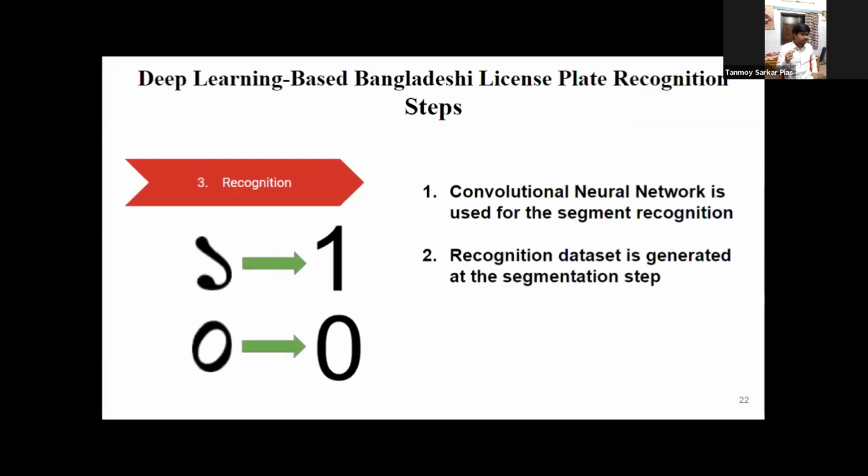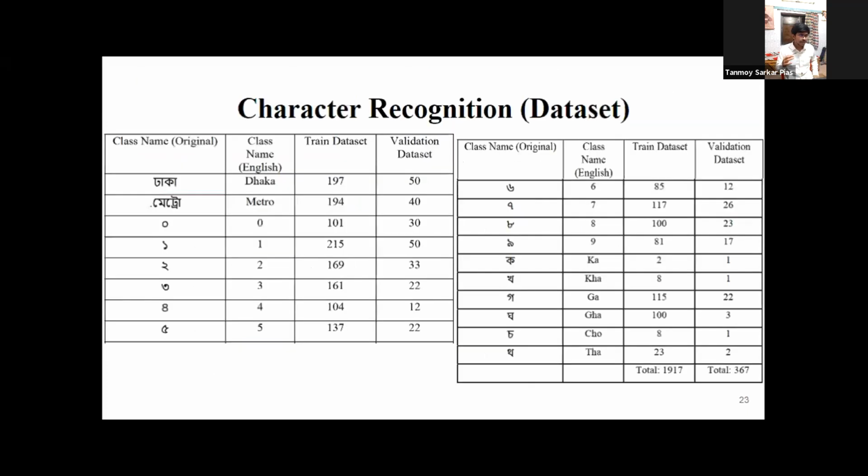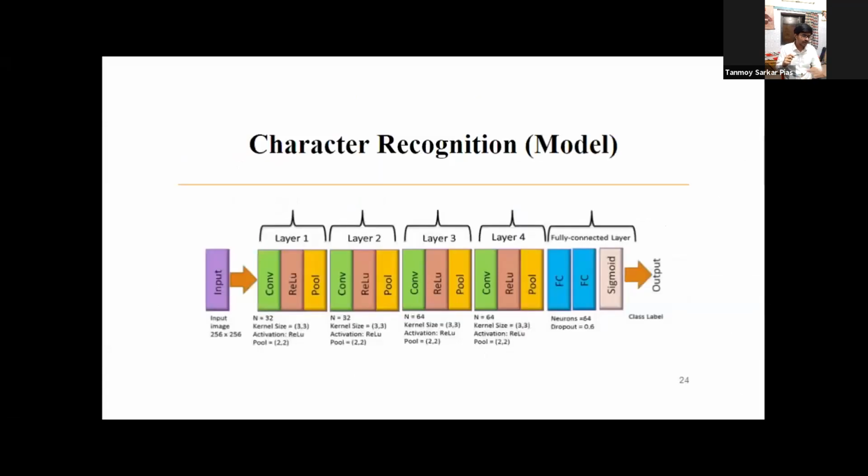After segmentation, we pass all the segmented images to the convolutional neural network, and we generate the dataset from the segmentation stage. This is the overview of our recognition dataset, with all the classes here, and we use a good amount of images to get better accuracy. This is the CNN model we have used in our study. It is a vanilla and very simple CNN model with only 4 layers.